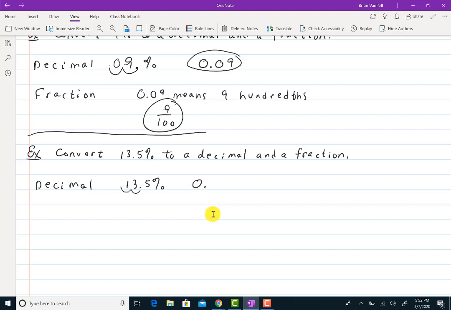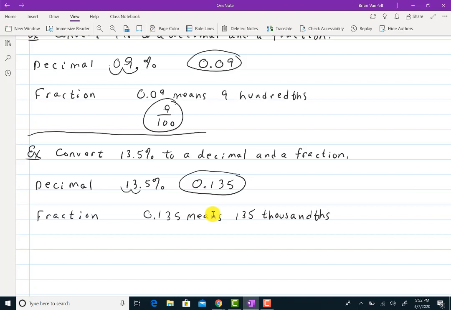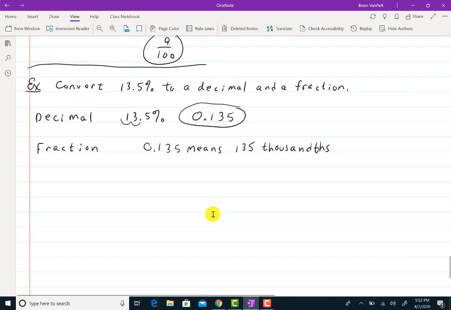And we get 0.135. And for the fraction, remember this 0.135 means 135 thousandths. So you can do this if you know your place value. 135 thousandths means that I have 135 over 1,000.